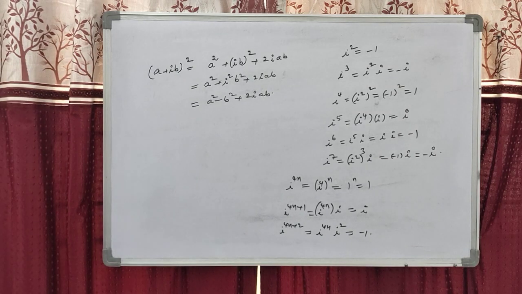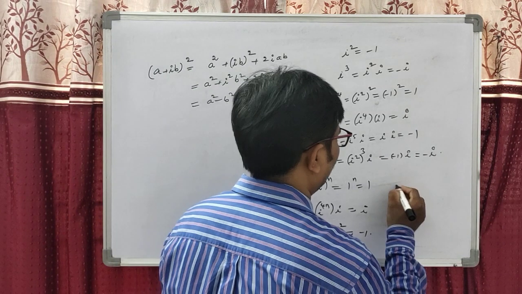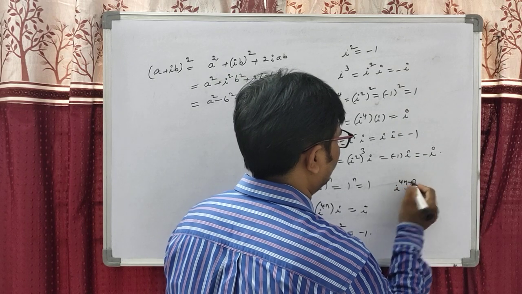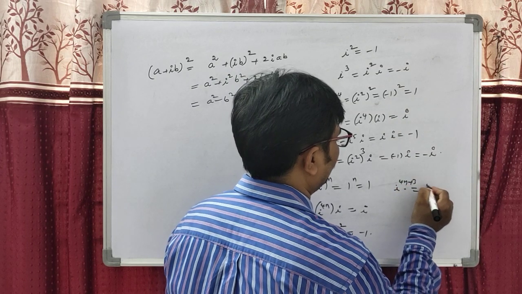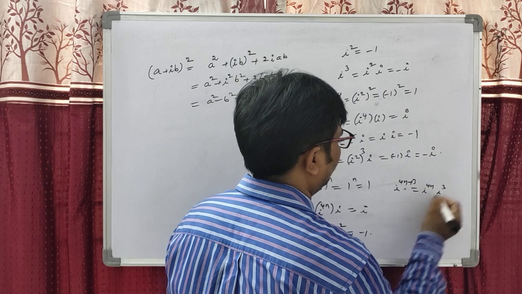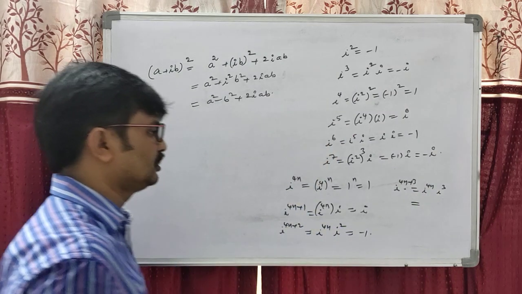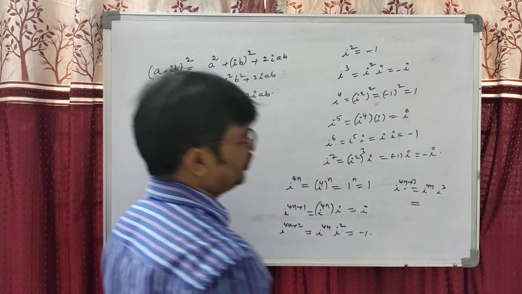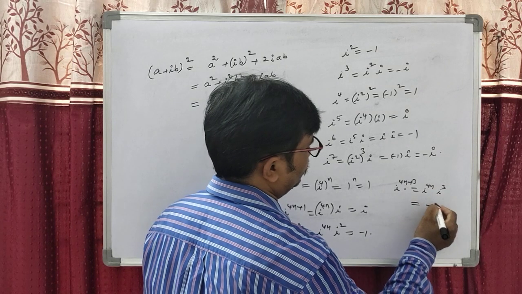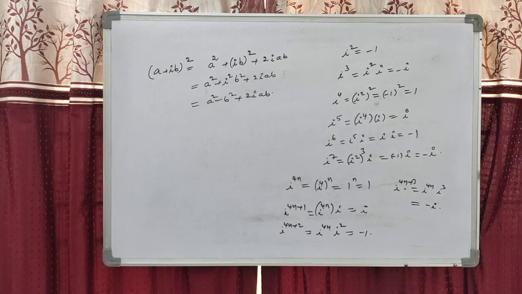This is i^(4n+2). Therefore students, i^(4n+3). This is i^(4n) into i³. i^(4n) is 1. i³ is minus i. This is minus of i.